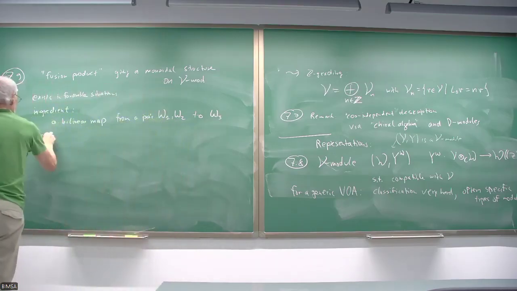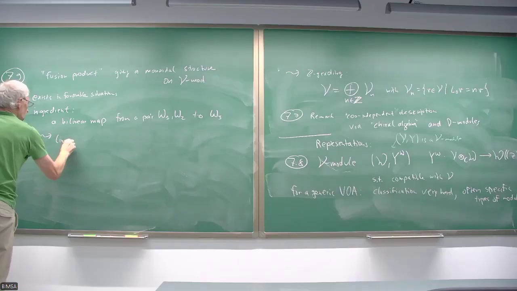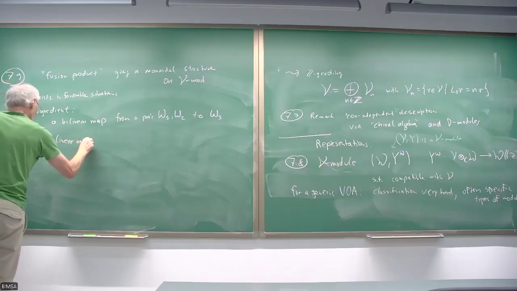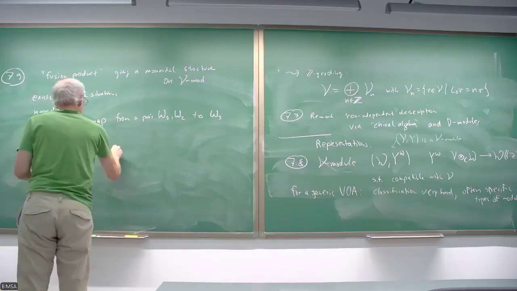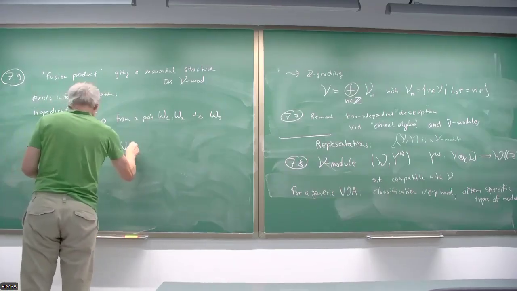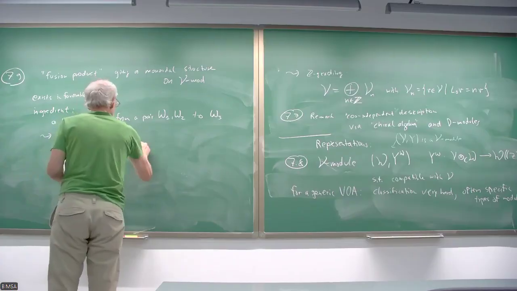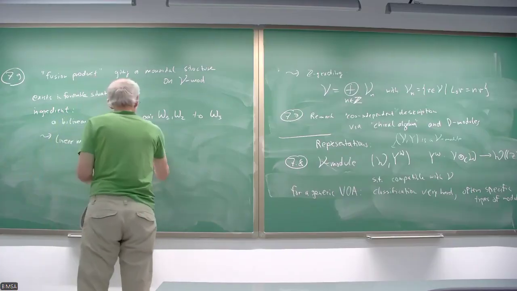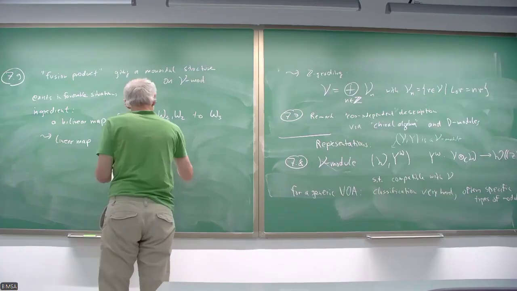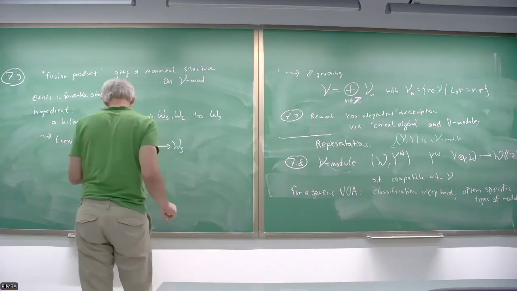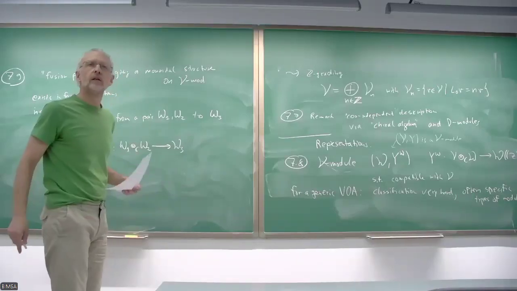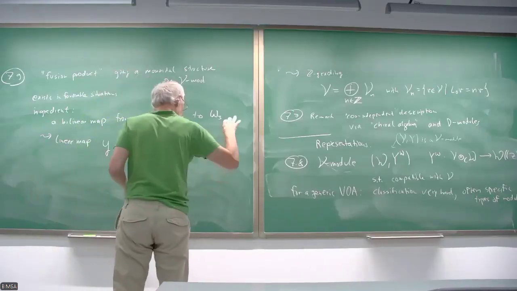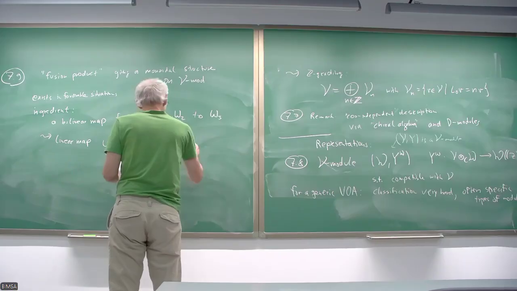And we will think of this as a linear map, which I denote by the script Y here, from W1 tensor over C W2 to W3, and now it turns out that Laurent series are not enough.